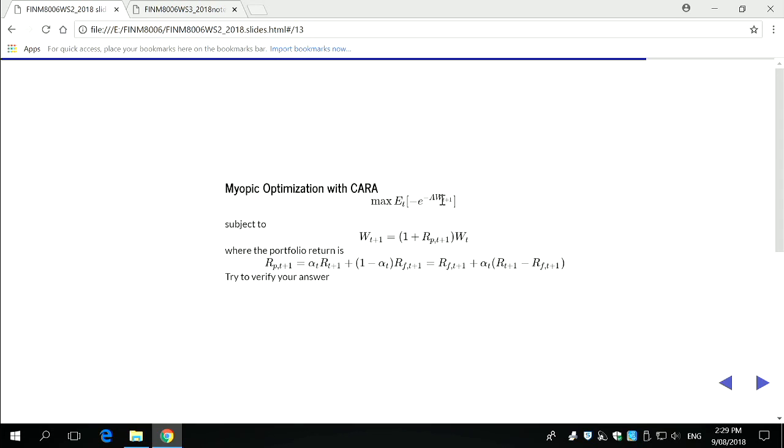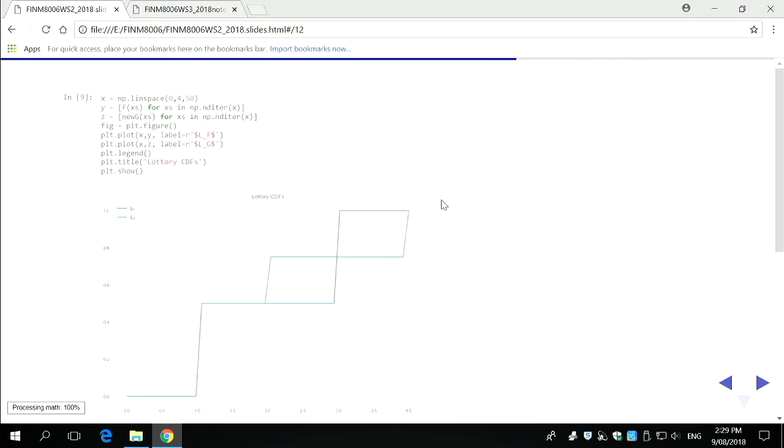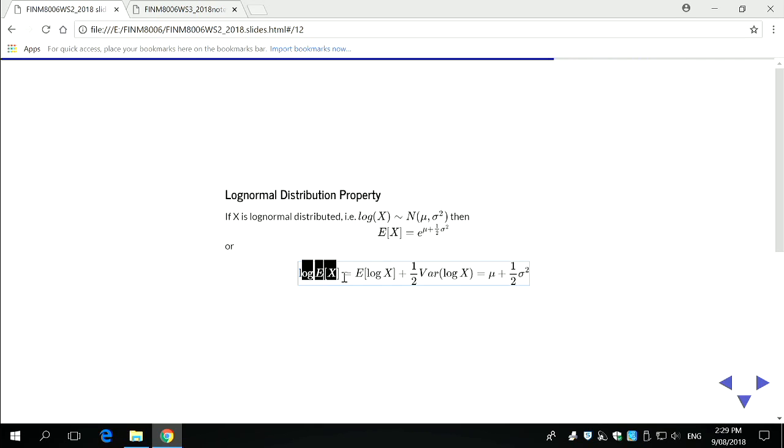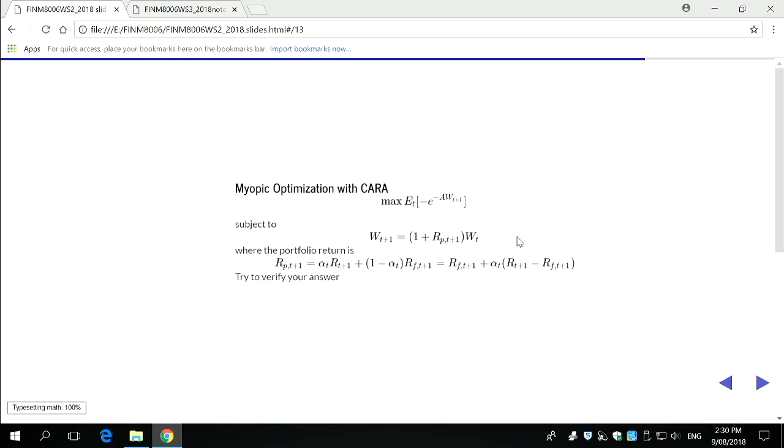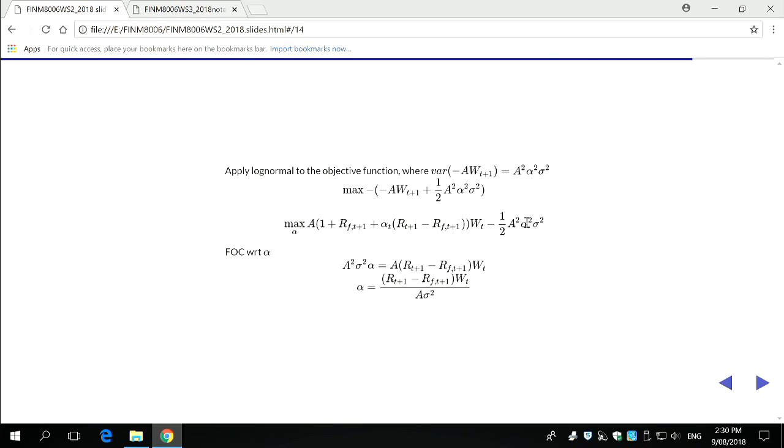Log of expectation equals the expectation of the log plus half the variance of log x. So if I take the log, the negative sign is still there, and then the expectation of the log.